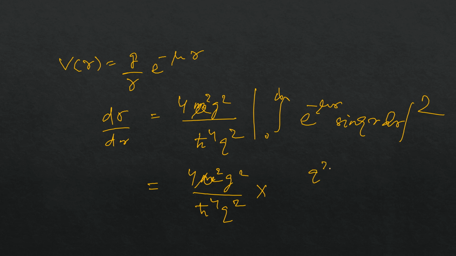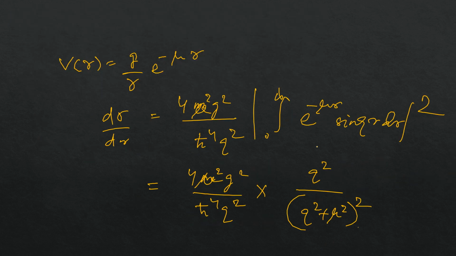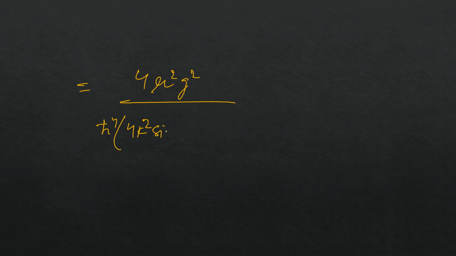The integration gives q square by, and if I do more calculation, q square will cancel out. In place of q, I put 2k sin theta by 2. So this becomes 4 mu square g square divided by h cut fourth times (4k square sin square theta by 2 plus mu square).